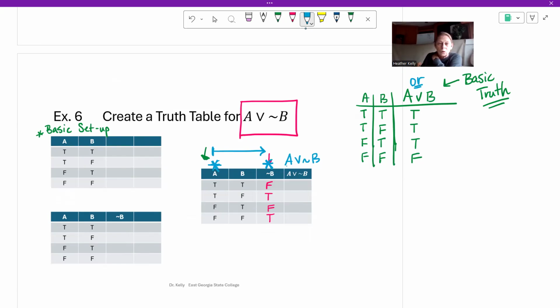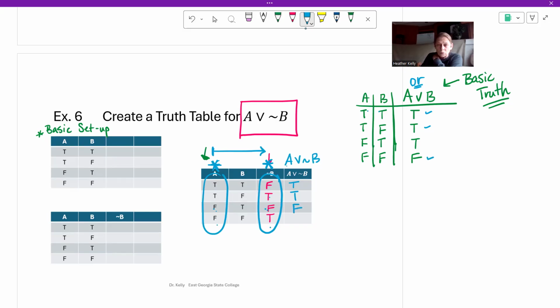So we're going to say true, false. A true, false gives us a true. A true, true, true, true is true. A false, false. Remember, these are the two rows we're dealing with, A and not B. So false, false is false.